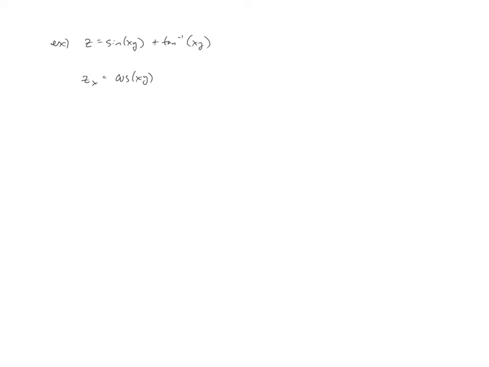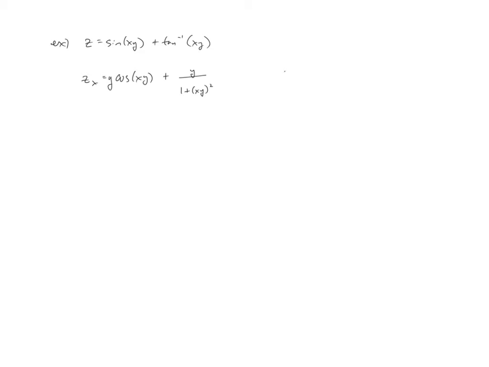So again, y is my constant. So the derivative of x times a constant is just going to be that constant. So maybe I'll throw that y out in front. Then I've got plus, derivative of inverse tan would be 1 over 1 plus xy squared, back times the derivative of the inside, and much like for the previous term, we would have that y that goes there on top.